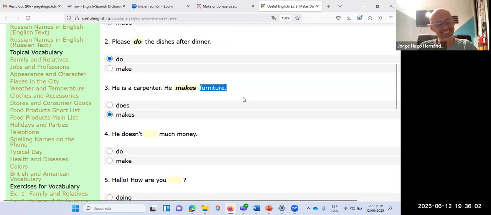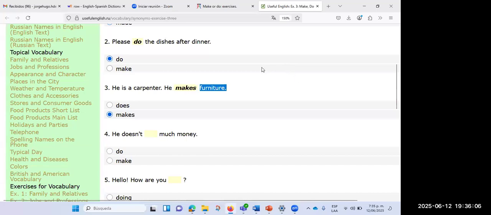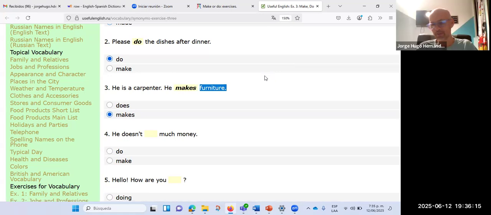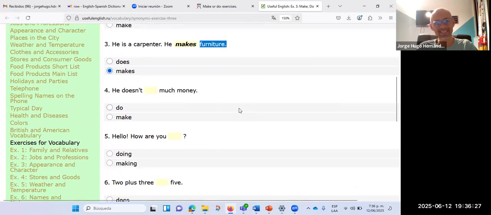Okay, in English. Not in Spanish, in English. Furniture is what I have in our house. Okay, the sofa, the chairs, the tables, all of them are the furniture. Okay, good. Number 4, Kiara, he doesn't.